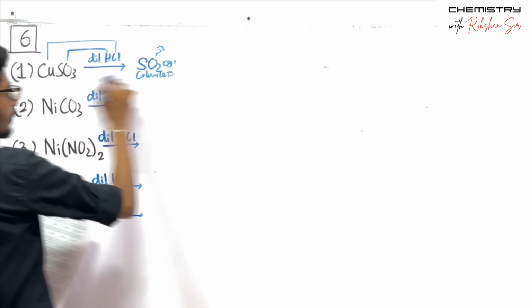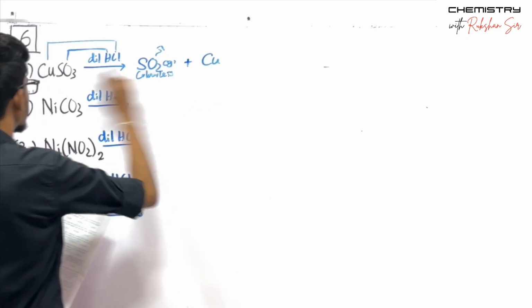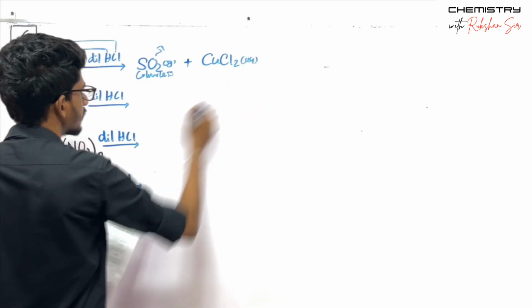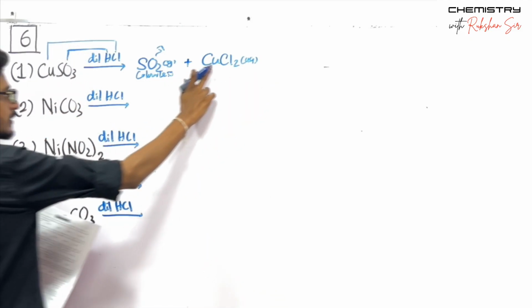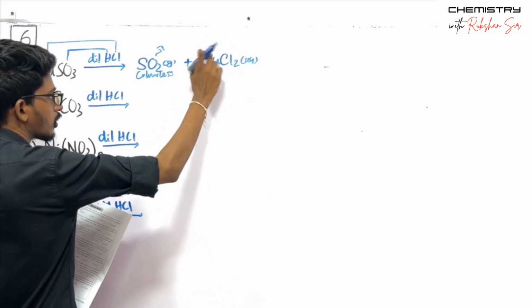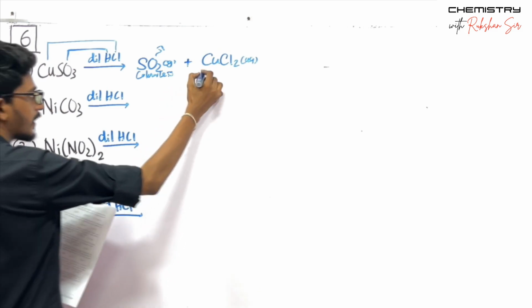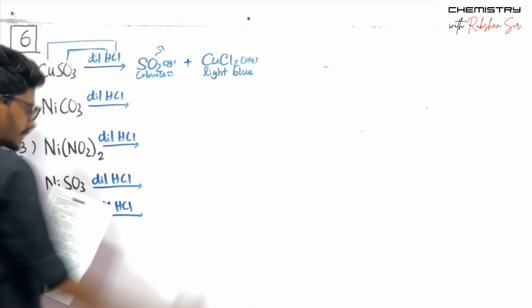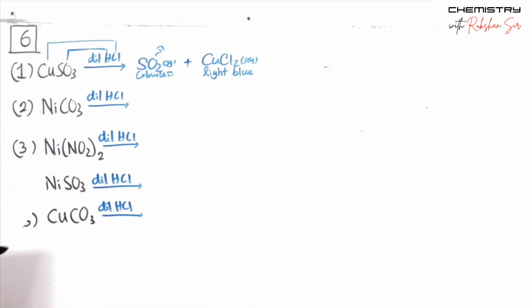And copper chloride is a solution, Cu plus 2 here. What is the color here? Copper 2 plus aqueous solutions are light blue in color. They are looking for which kind of solution? Colored solution, no? So we have to leave that thing.